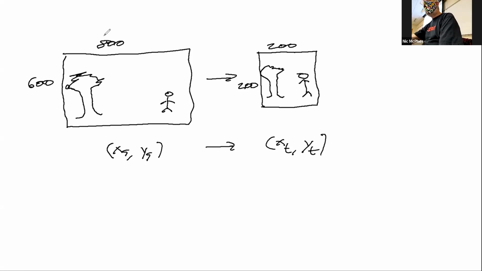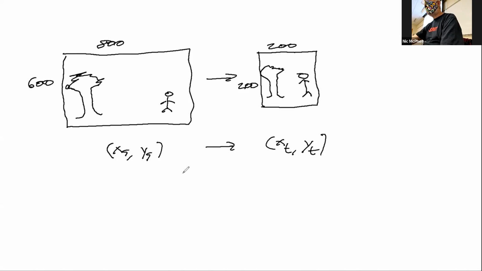Well, 800 to 200, we're going to go from 0 to 0. 800 is going to go to 200. How do we get from 800 to 200? What's the piece of math that gets us there? Divide by 4, correct.